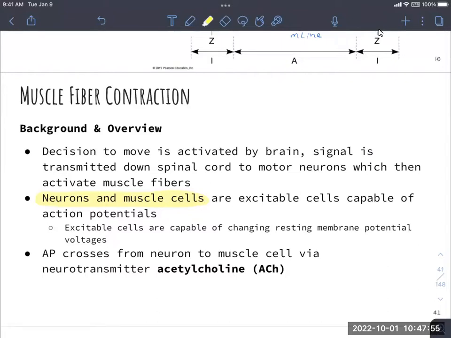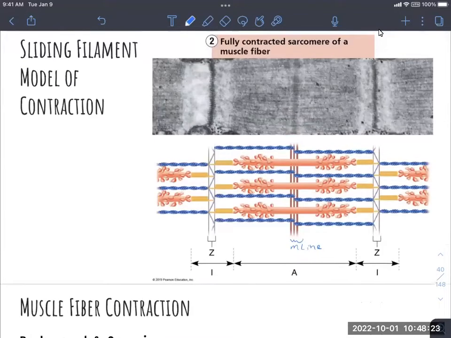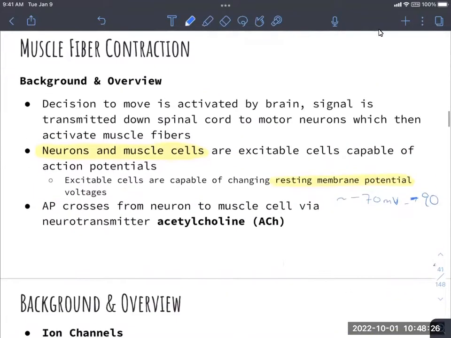The resting membrane potential is what their charge is when there is nothing happening in that muscle cell. It is usually between -70 millivolts to -90 millivolts. Somewhere in there.